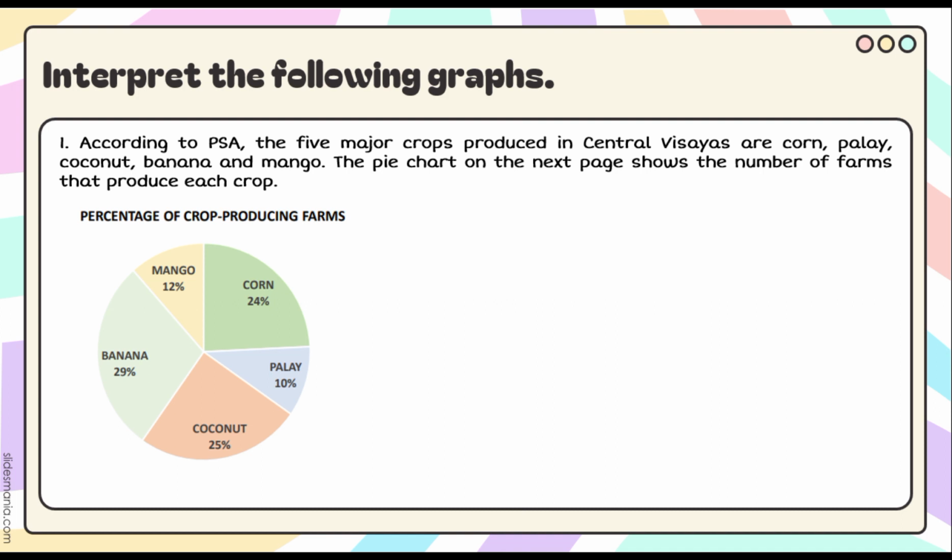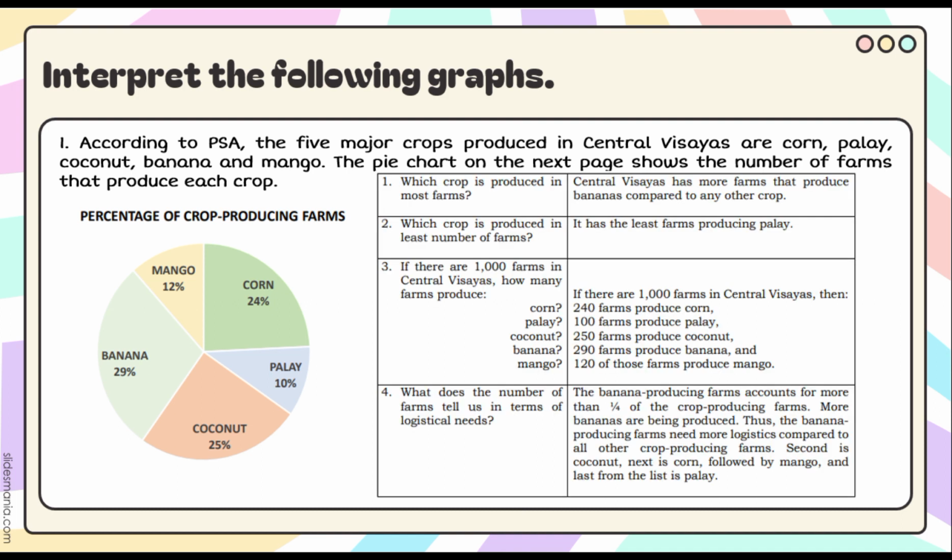For question number 1, which crop is produced in most farms? What is the highest percentage based on the pie chart? Our answer is that Central Visayas has more farms that produce bananas compared to any other crop. As you can see, banana has the highest percentage, which is 29%.